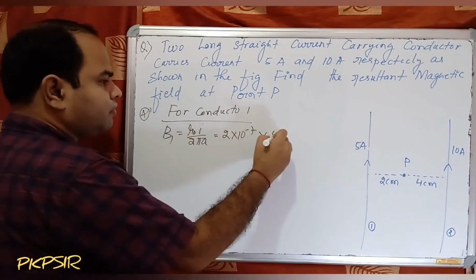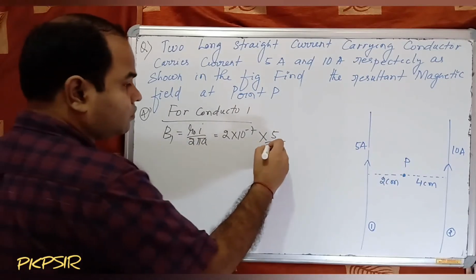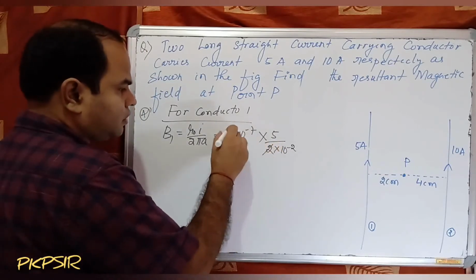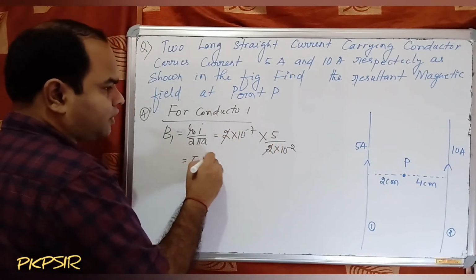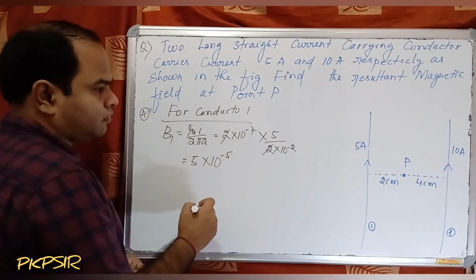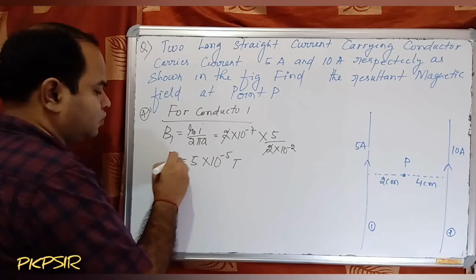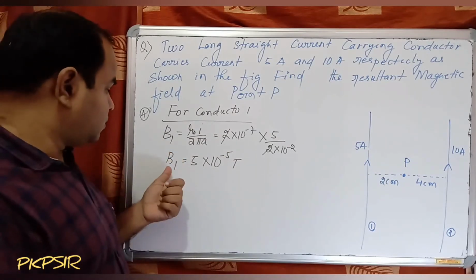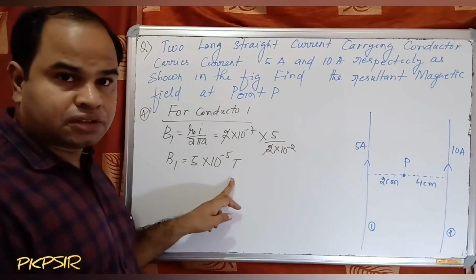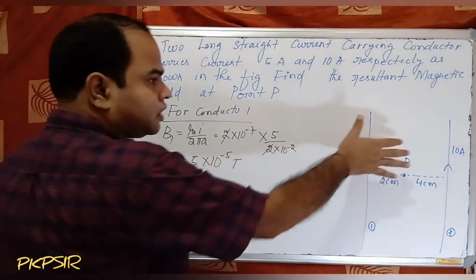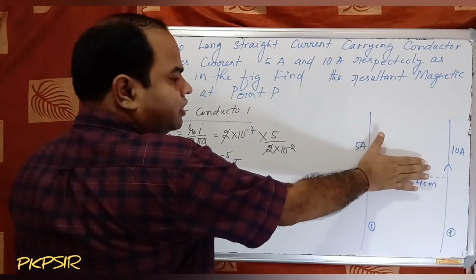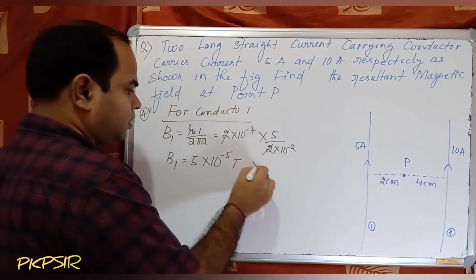So 2 into 10 to the power minus 2. The 2 cancels. So this is equal to 5 into 10 to the power minus 7 minus 2, that is minus 5 Tesla. So what is the magnitude of the magnetic field at point P due to 5 ampere? It is 5 into 10 to the power minus 5 Tesla. What is the direction? The current is upward, and at point P by this position, the magnetic field direction is inward. So it is inward.